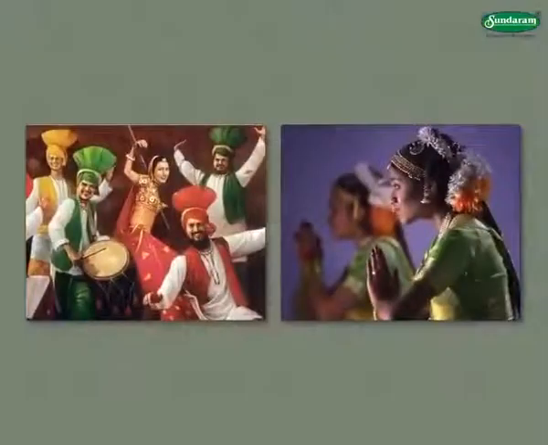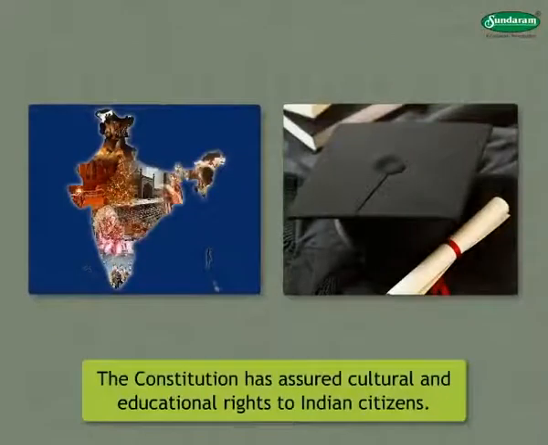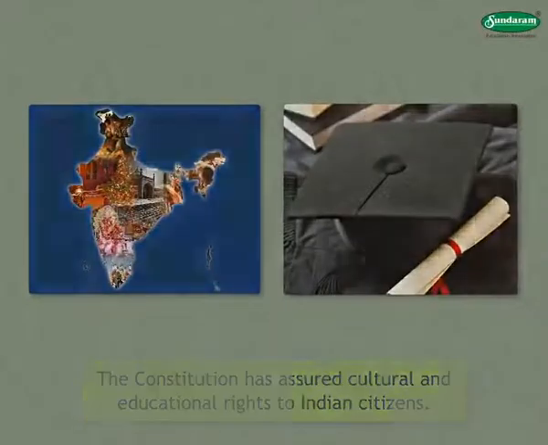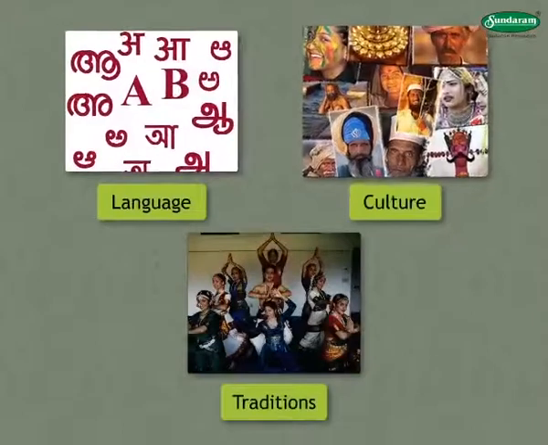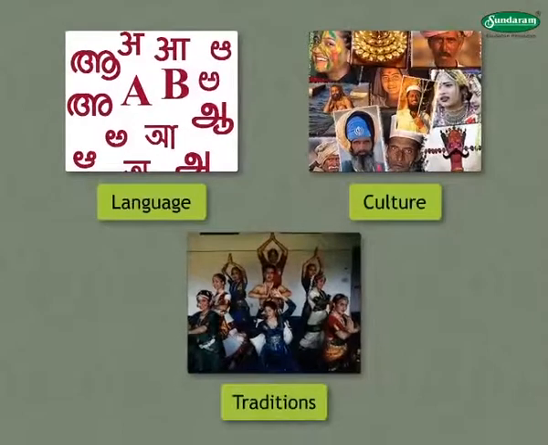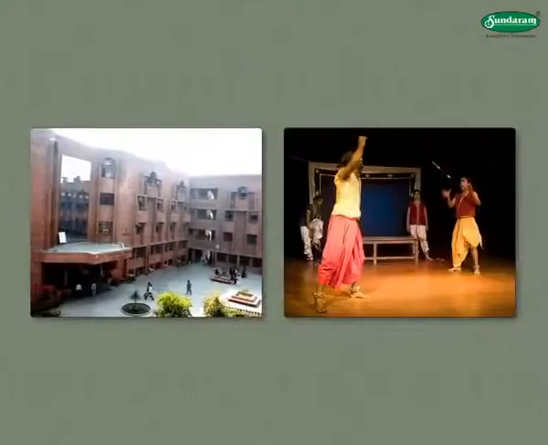In order to maintain these traditions and to develop every language with its unique characteristics, the Constitution has assured cultural and educational rights to Indian citizens. Groups who are in minority have a right to conserve and nurture their language, culture, and traditions. They have the right to establish separate educational institutions for this purpose.